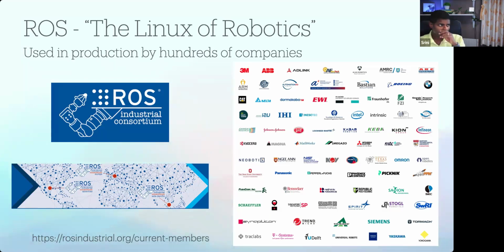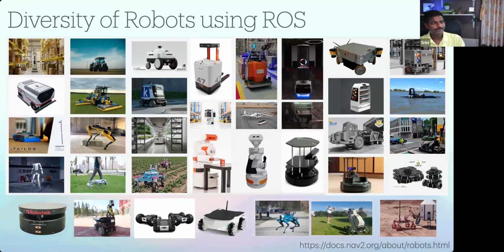So the question some might ask is, okay, it's all great, so where can you install ROS? Where is ROS being installed? There are a lot of different places. For any robot that you can think of, there is generally some kind of ROS implementation that was tried on that robot.